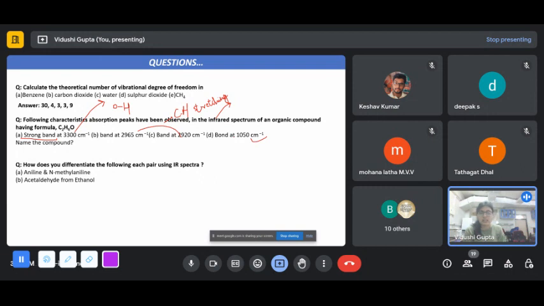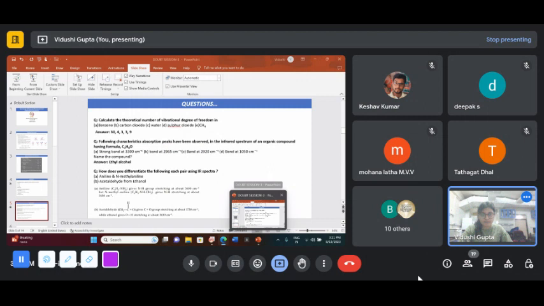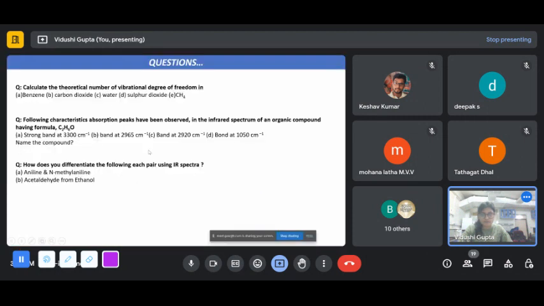Whose characteristic peak is there at 1050? So at 1050 it will be for the primary alcohols.